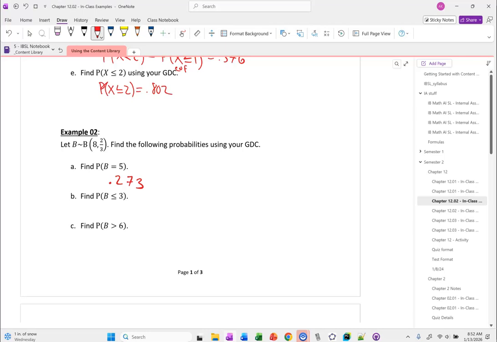Okay, that's what I want. 0.0879. You see the danger on a test. If you show no work and all you do is leave me an answer, if it's wrong, there's not a lot of partial credit I can give you. So you've got to make sure that you're really right.